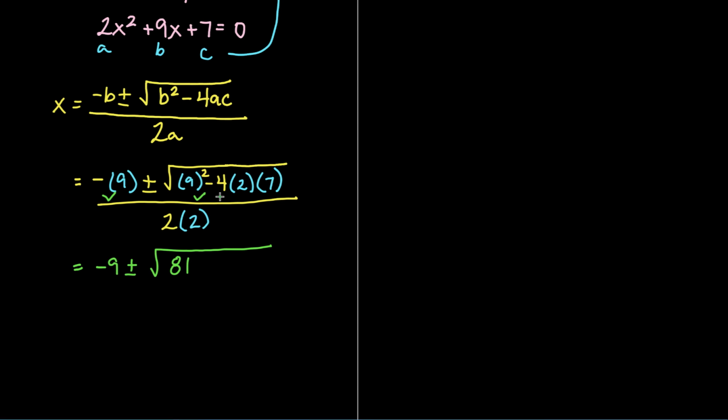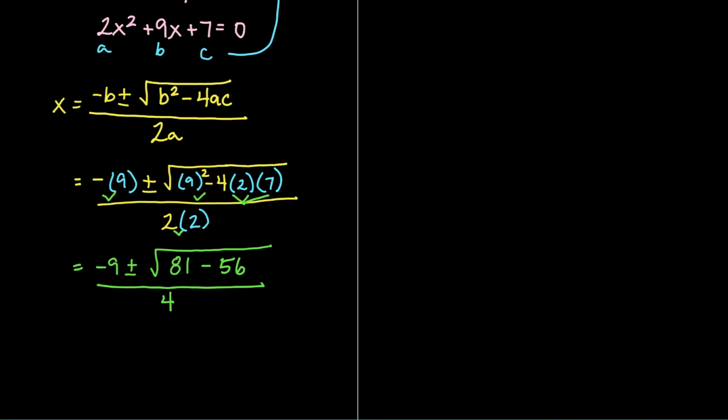A negative times a positive is a negative 8, and negative 8 times 7 is negative 56. So I'm going to write minus 56 like that, all over 4.